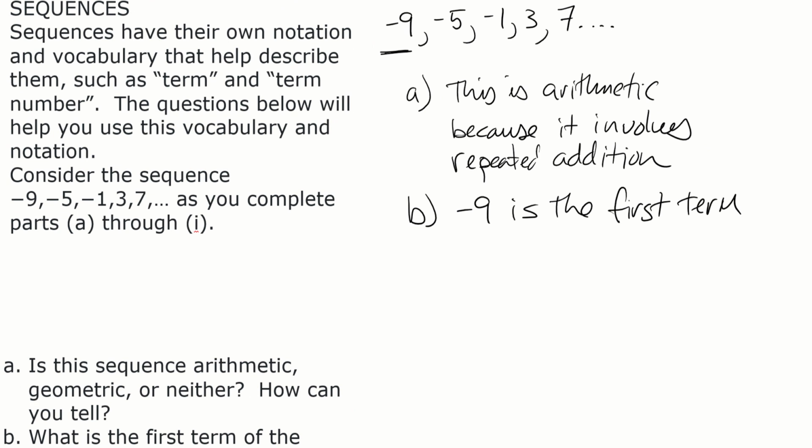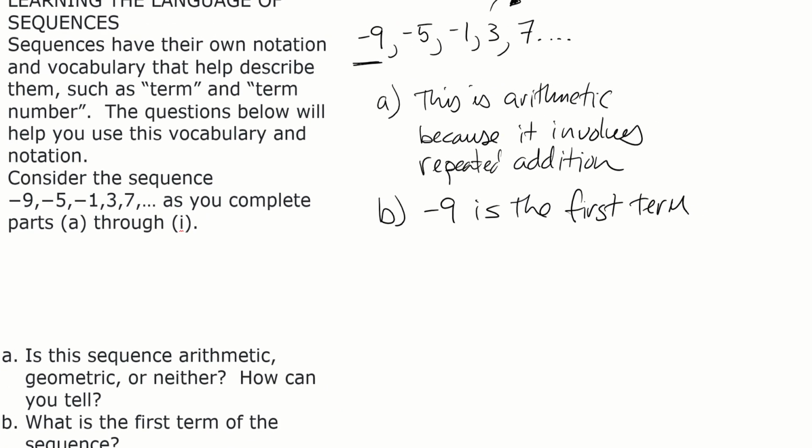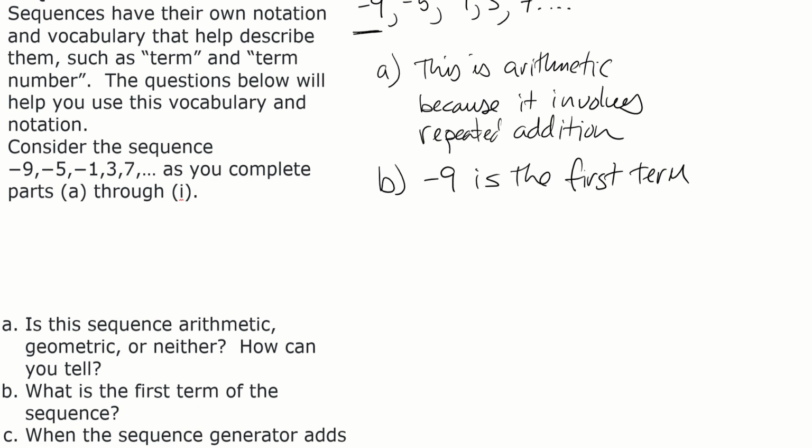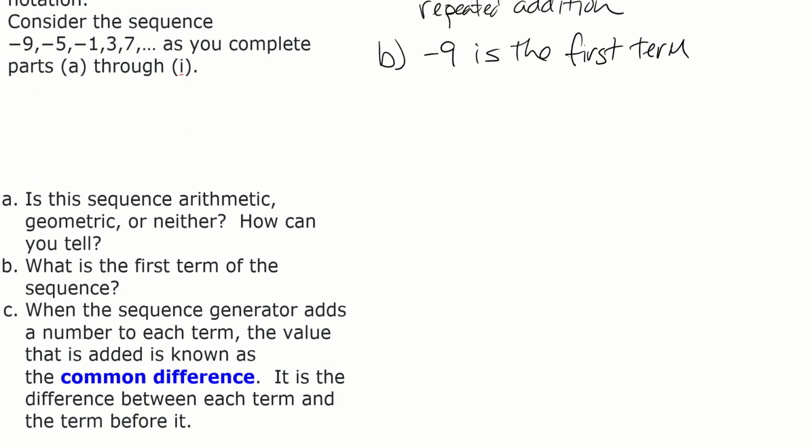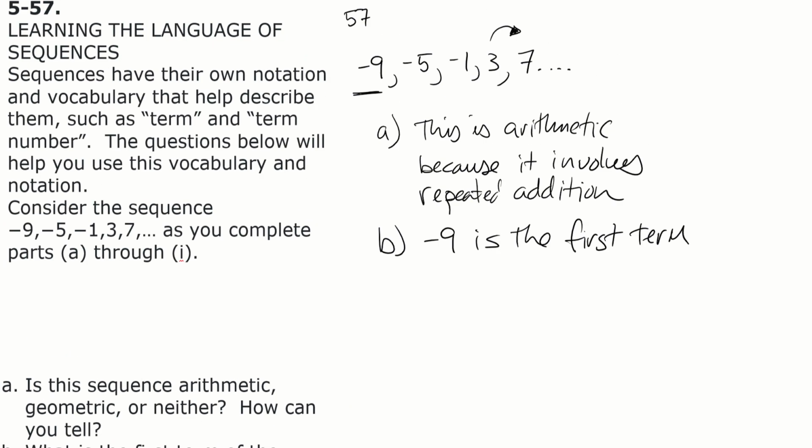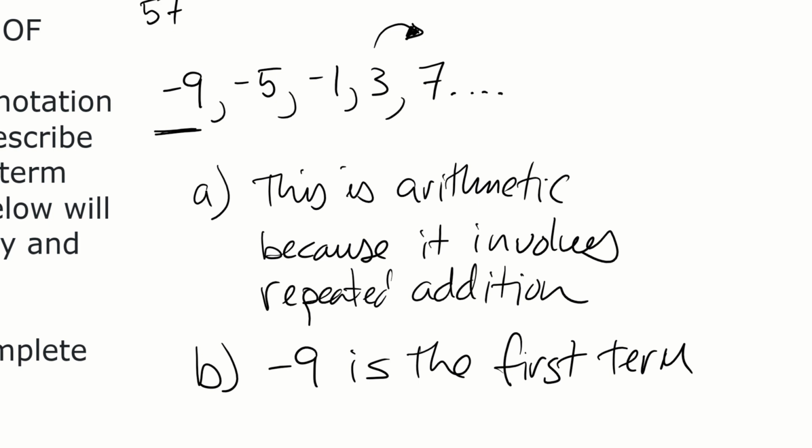The next question is about when the sequence generator adds a number to each term. The value that is added is known as the common difference. It is the difference between each term and the term before it. So I can say, in this case 7 and the term before it, 3.